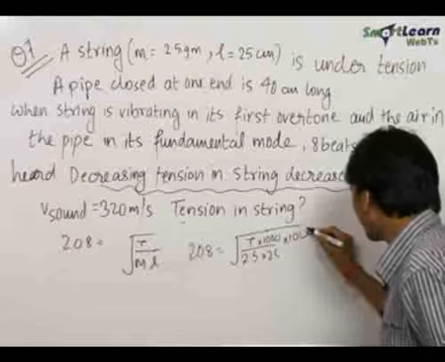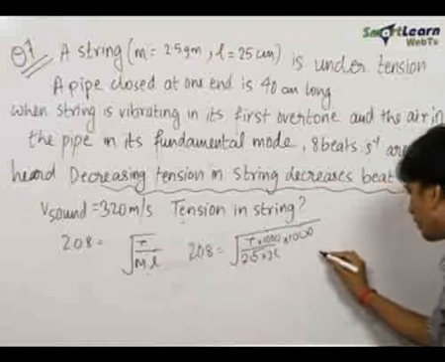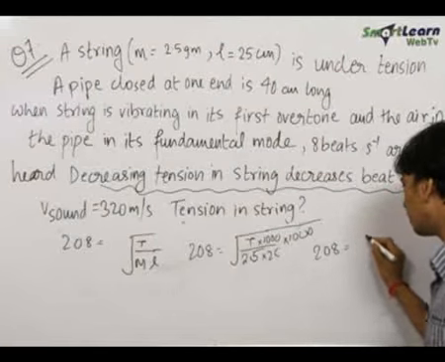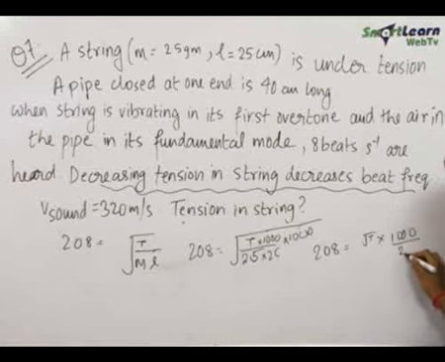We multiply numerator and denominator by 10. We get 25 over here. So we get 208 is equal to root over T into 1000 divided by 25, that is 40.